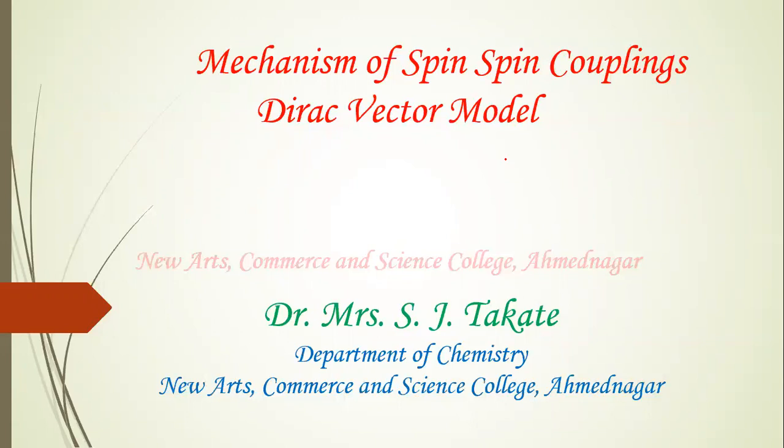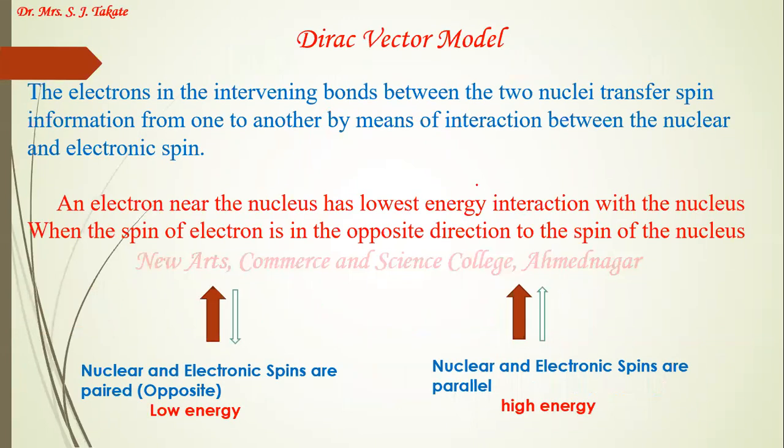This Dirac vector model is based on the fact that the nuclei and electrons interact with one another. The electrons in the intervening bonds between the two nuclei are responsible for the spin-spin coupling. Their spins interact with one another and the spin information of one nucleus is transferred to the other nucleus.